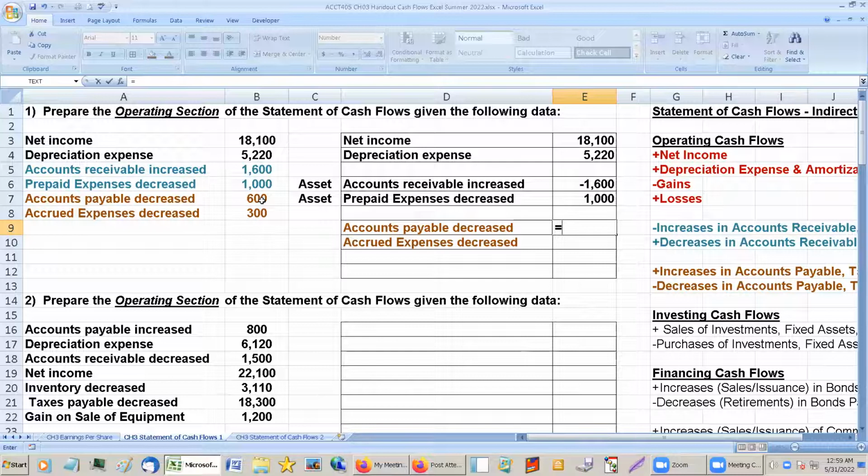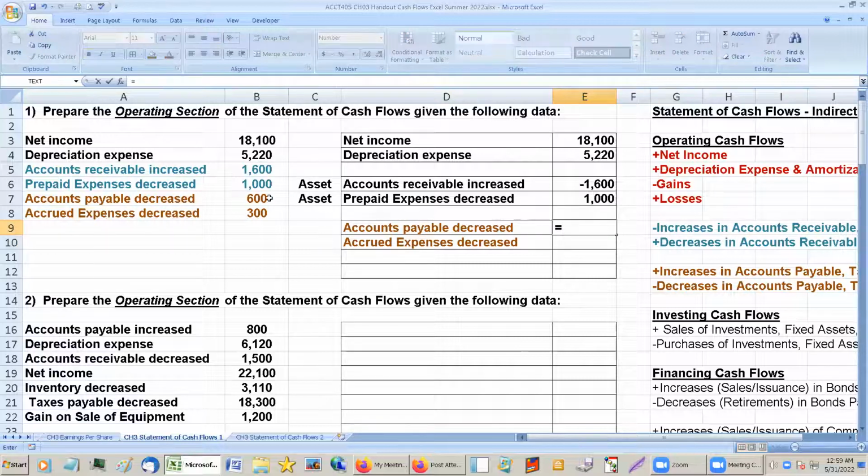They go in the same direction. I'll explain why in a second. Oh wait, these are decreased. I'm sorry, I said that wrong. I wrote it in wrong.